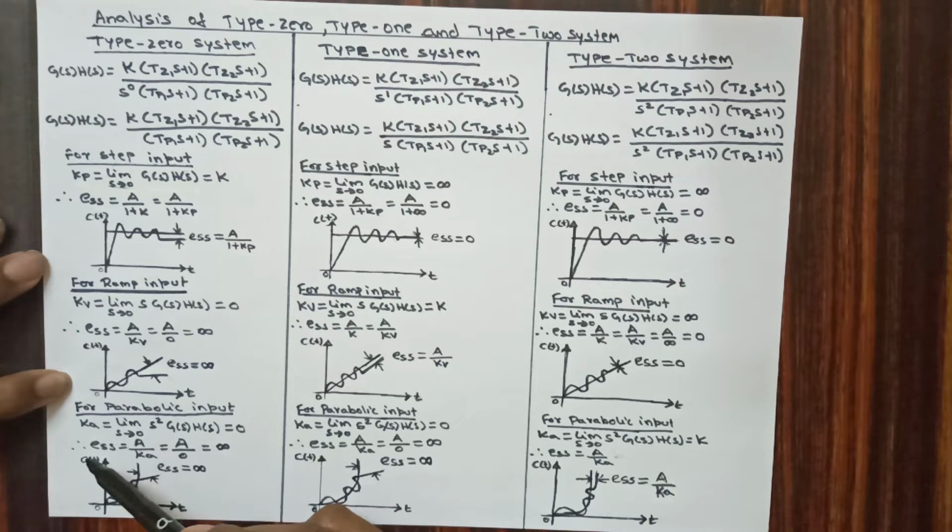So for parabolic input, the steady state error ESS is equal to A divided by Ka, which is A divided by 0. Ka value is 0, so anything divided by 0 is infinity. You can observe here that for parabolic input, a type 0 system gives infinite steady state error.